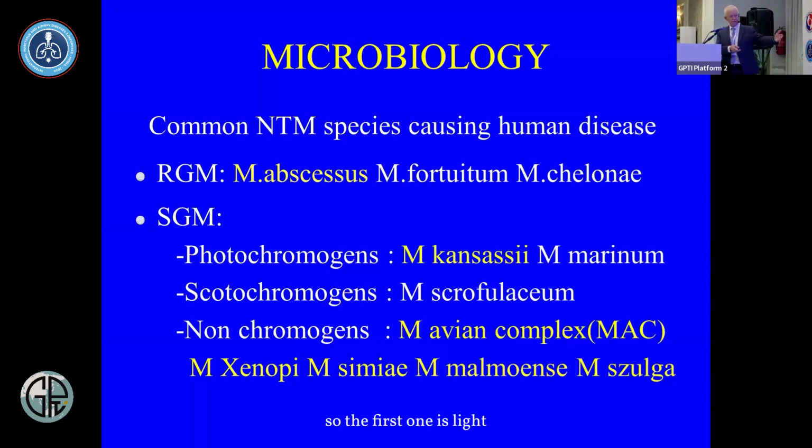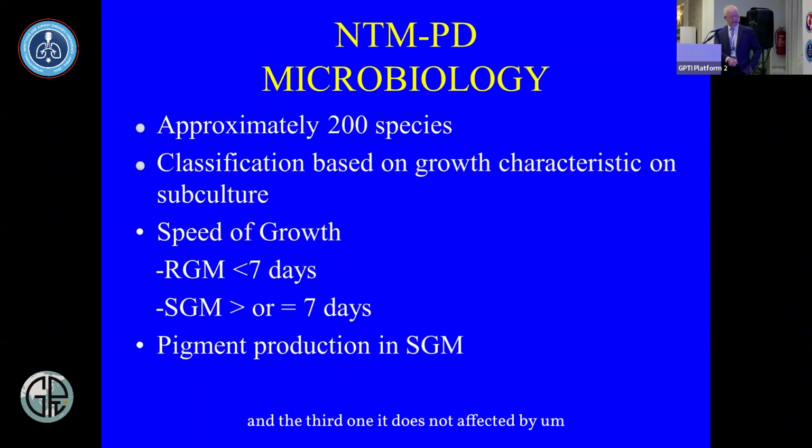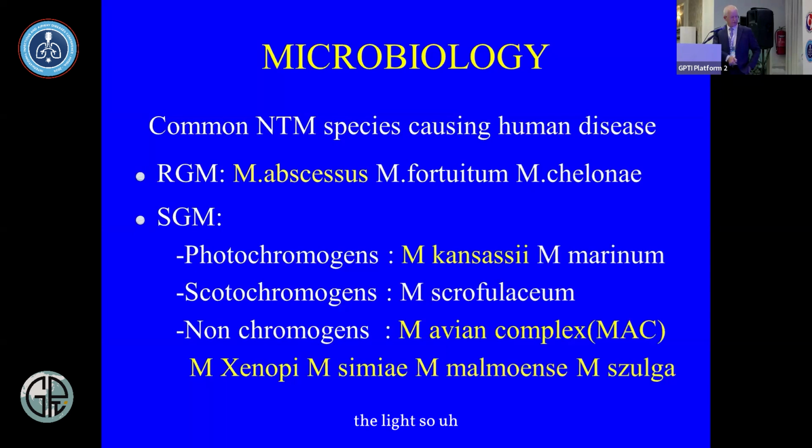So the first one is light, the second one darkness, and the third one is not affected by the light. Non-chromogenes include avium complex, the MAC. Remember, please, that this is called MAC, Mycobacterium avium complex, Mycobacterium xenopi, and Mycobacterium malmoense, among others.